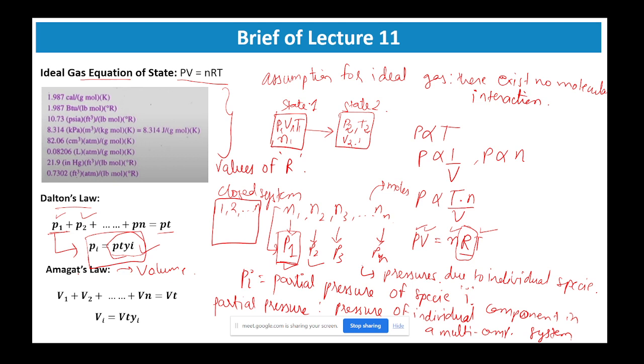It will be V1 plus V2. So similarly for gas also, V1 plus V2 up to Vn gives you the total volume of the system. Now, how do you find the individual volume of each component? Individual volume Vi equals the total volume into the mole fraction.